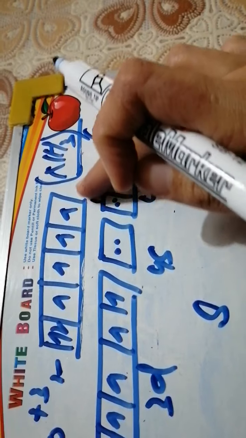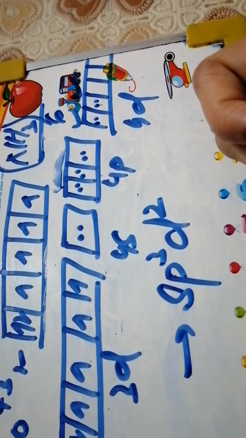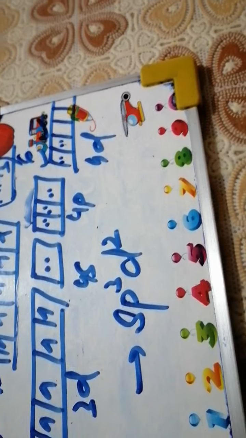Now you check what kind of hybridization we will have in this compound. We are using 1 s, we are using how many p's? 1 2 3. We are using 3 p's, and how many d's? 1 and 2, 2 d's. So the hybridization would be sp3d2, right? This is the hybridization of this particular complex.